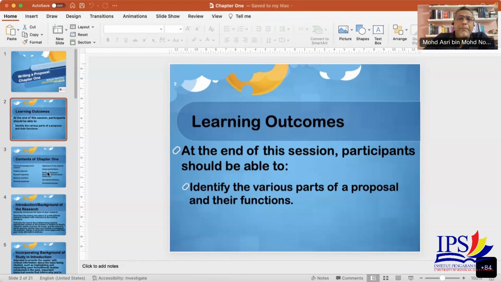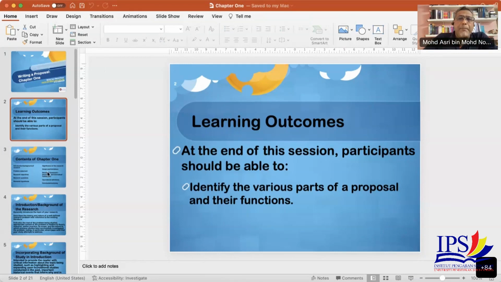So you must make sure that your research problem is clearly defined in chapter 1, so that people can see what you're trying to do. How do you construct your research problem in chapter 1 when you're writing your project paper?